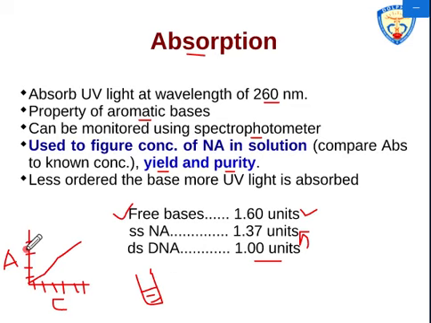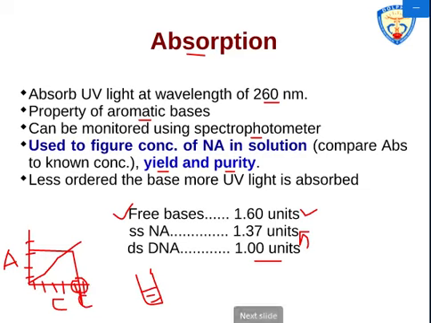You plot this absorption value on the standard curve that you have prepared, and you extrapolate this value to the x-axis. Now on the x-axis this point will give you the concentration. So this point will be the concentration of the unknown DNA sample.